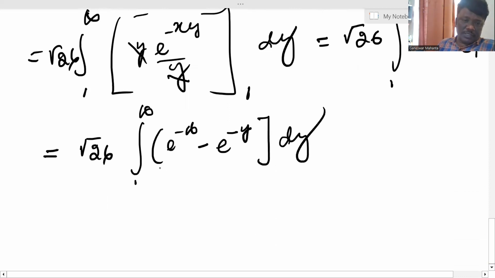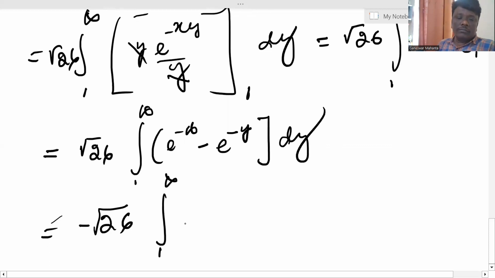E to the minus infinity is 0, and this value becomes minus root 26 times the integration from 1 to infinity of e to the power minus y, d of y.